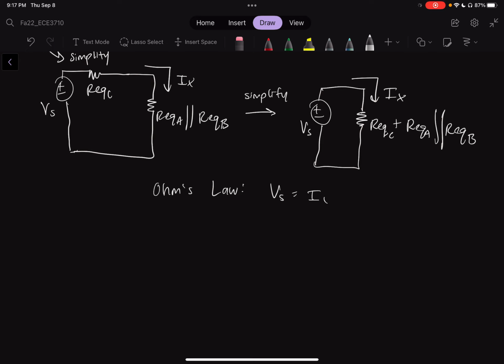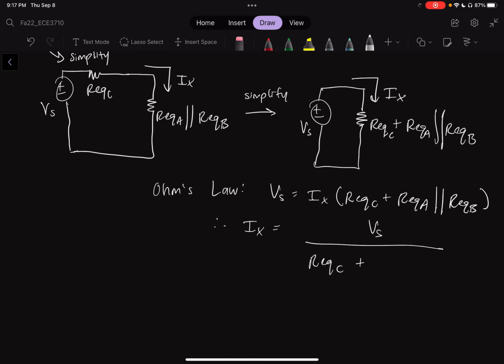VS is equal to IX times the resistance, which is R equivalent C plus R equivalent A parallel to R equivalent B, right? Therefore, IX is equal to VS divided by R equivalent C plus R equivalent A parallel to R equivalent B.